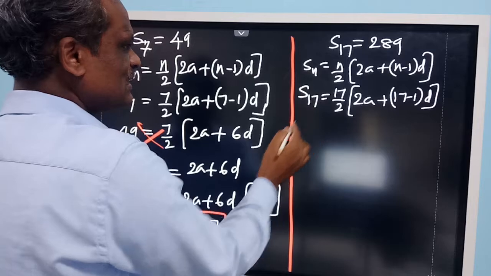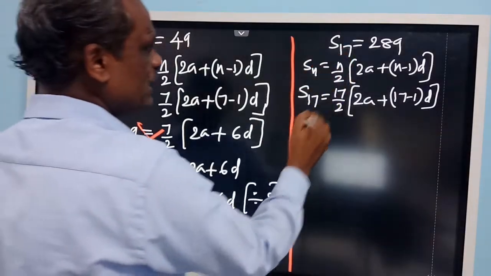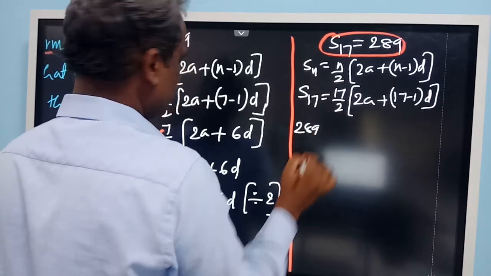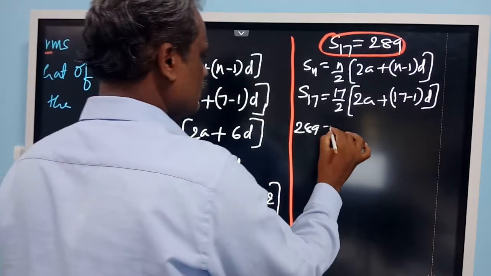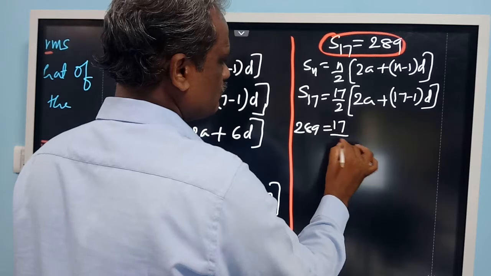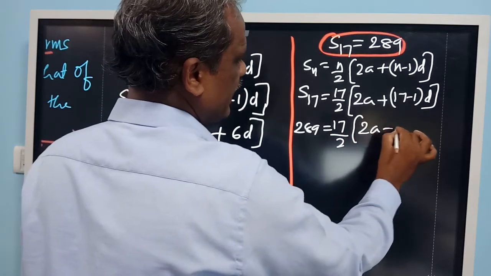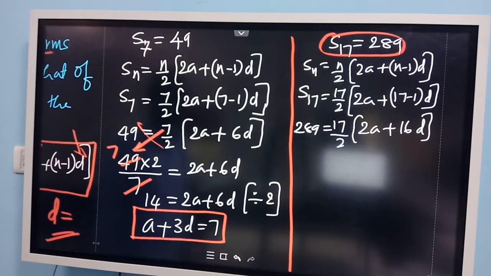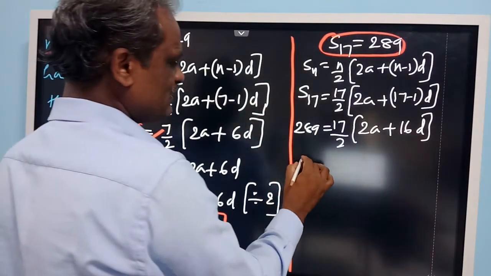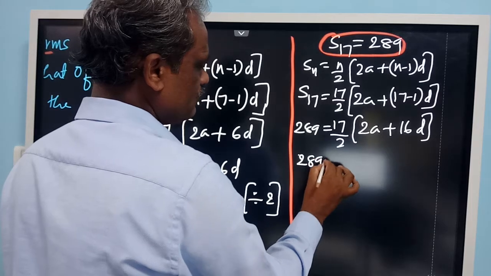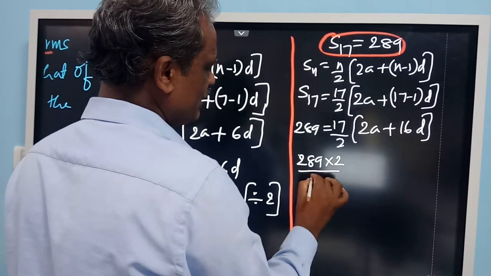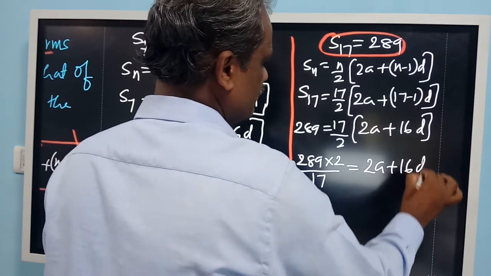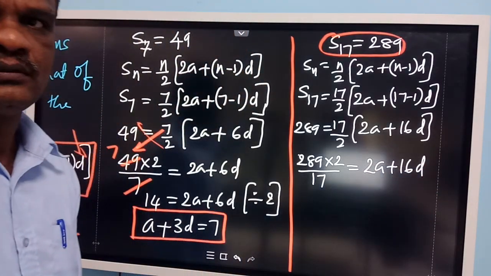S17 is given, that is 289, is equal to 17 by 2 into 2a plus 16d. 17 minus 1 gives us 16. Transfer this to the left side: 289 into 2 divided by 17 is equal to 2a plus 16d.